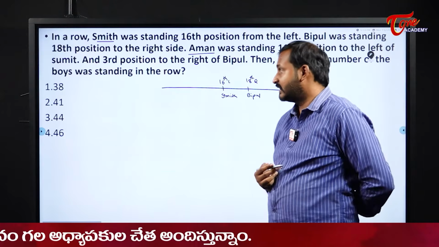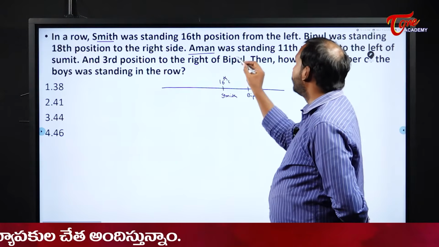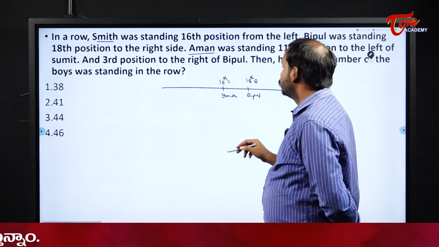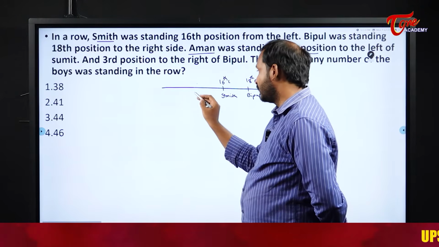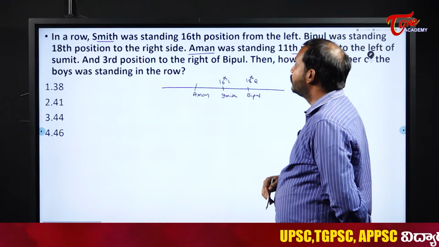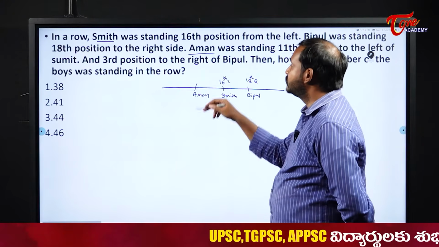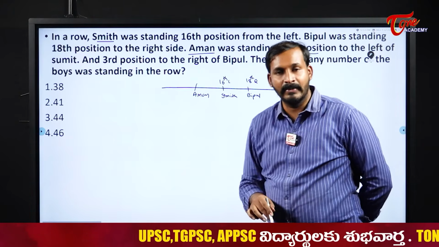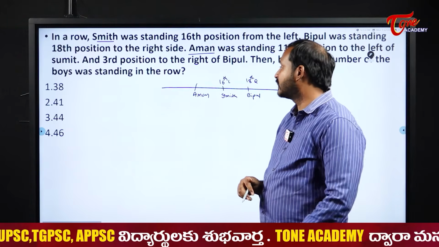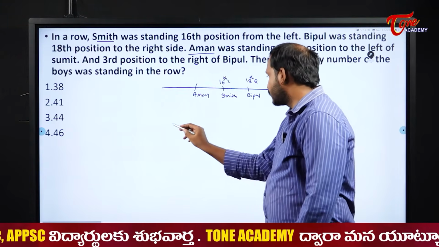Now see here students, if I think in this manner, Aman was standing 11th position to the left of who? Sumit. So Aman will be there here. If Aman is there here, what about Bipul? And 3rd position to the right of Bipul. That means how are Aman, Bipul and Sumit there? Please observe carefully.